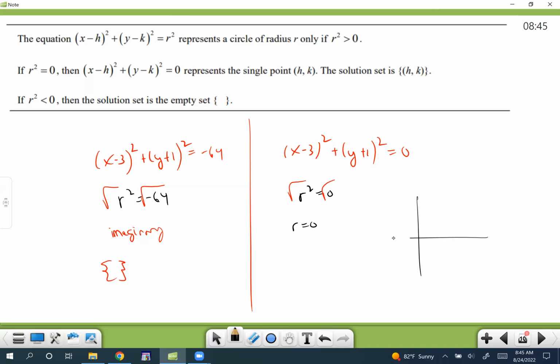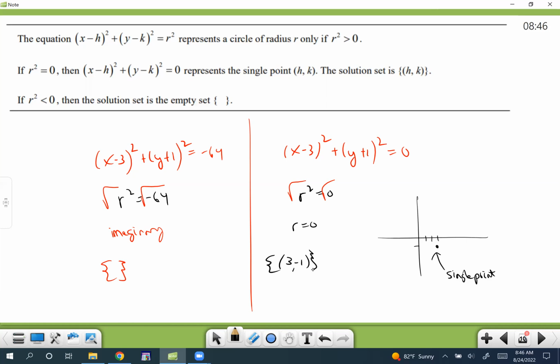You have this circle where (3, -1) is the center, and you go 0 out in every direction. You don't have a radius, so you don't go anywhere out. Well, this will have a solution. It'll have this one point as the solution. That's all you'll have. So your solution set won't be the empty set. It would be (3, -1) in this case, unlike the other one.